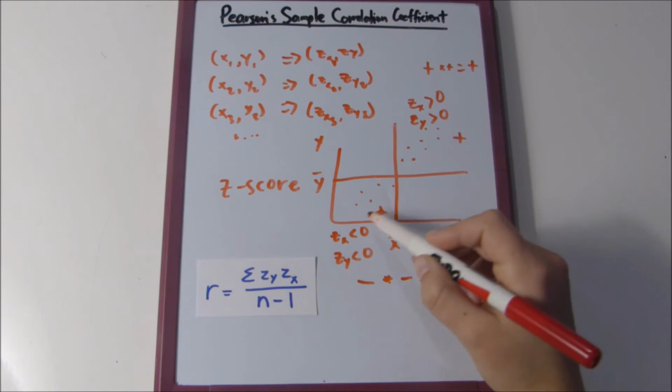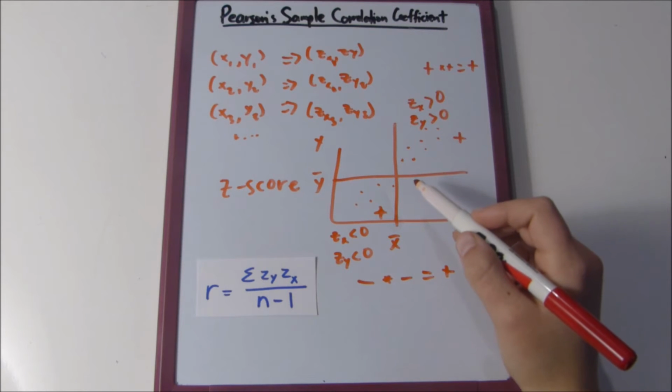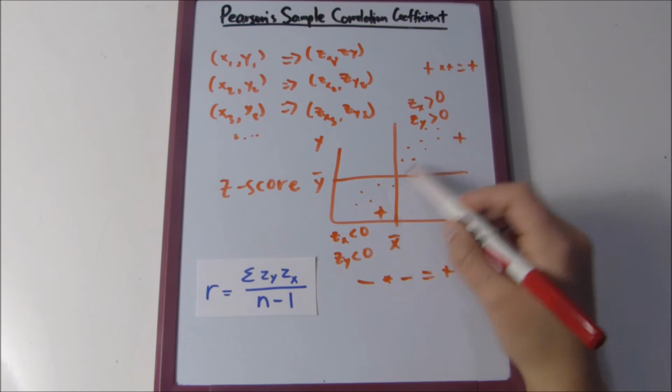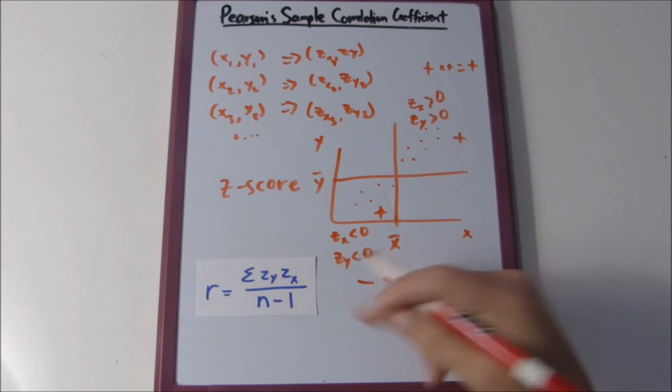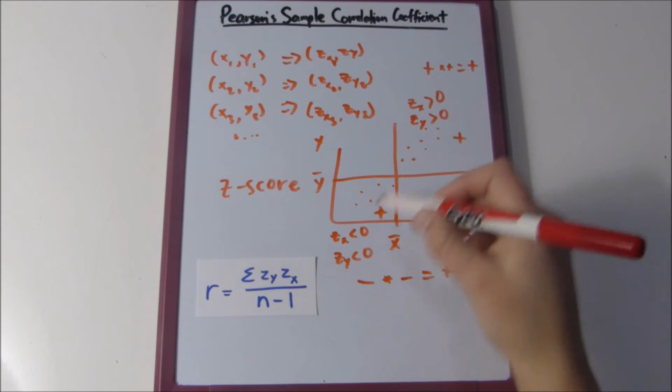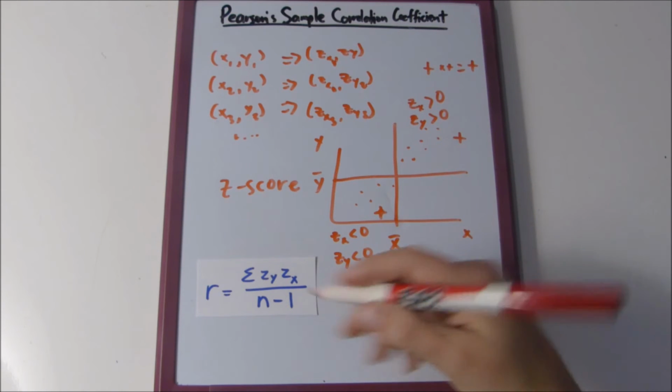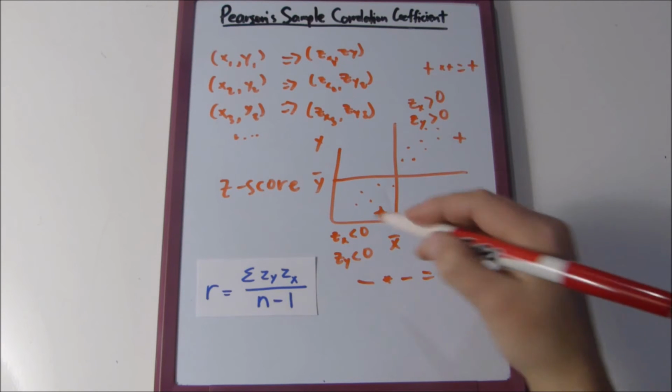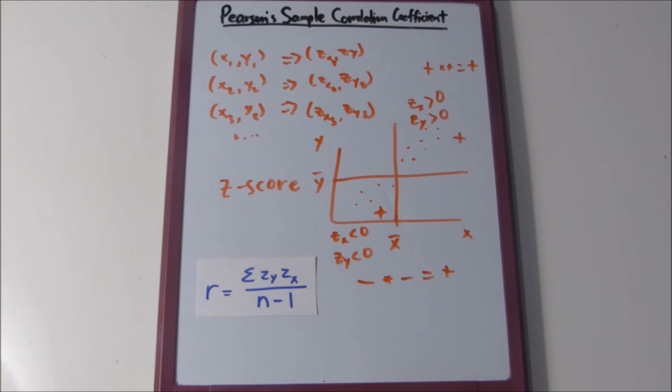And then when you take this large positive number and you divide it by n minus 1, n being the number of values here, you're going to end up with some positive number. And it's going to be a measure of the strength of the linear relationship, right?